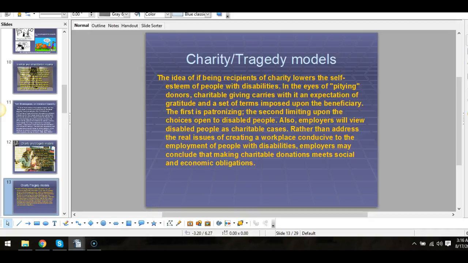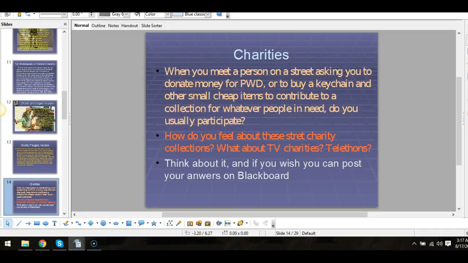Also, employers will view disabled people as charitable cases, rather than address the real issues of creating a workplace conducive to the employment of people with disabilities. Employers may conclude that making charitable donations meets social and economic obligations.